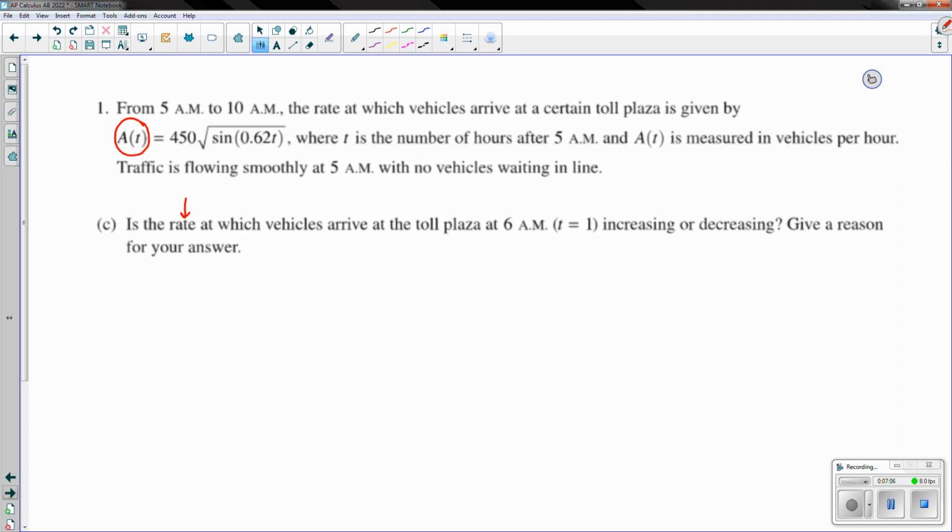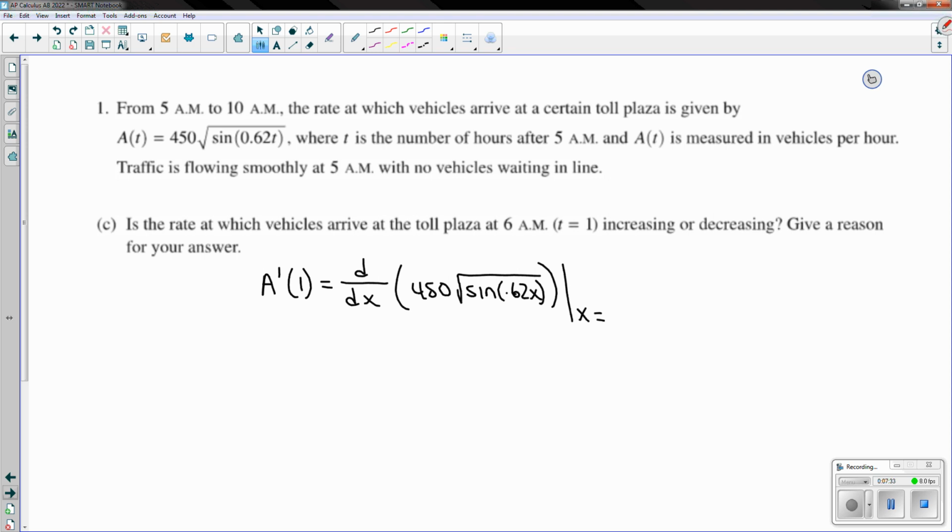Once again, we have a calculator to make this computation. So we'll get a point for recognizing we need to evaluate a derivative here. So we want to know, what is a prime of 1? In our calculator, we're going to be doing d/dx of 450 sine of 0.62x at x equals 1.